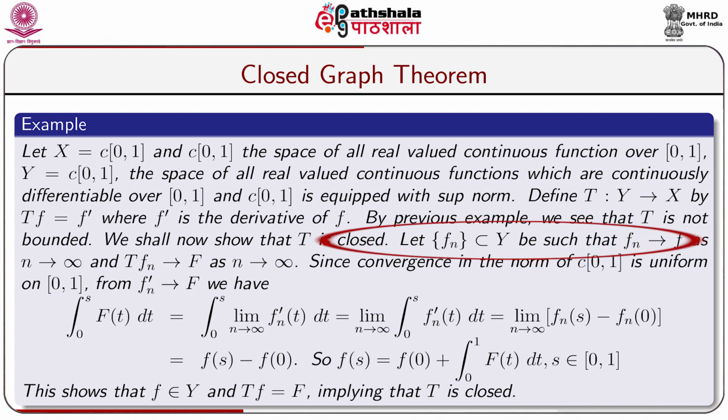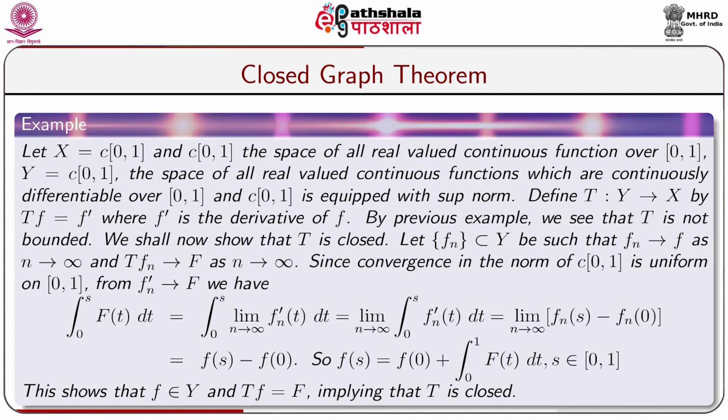Let the sequence fn be taken from capital Y such that fn goes to f as n tends to infinity, and Tfn goes to capital F as n tends to infinity.